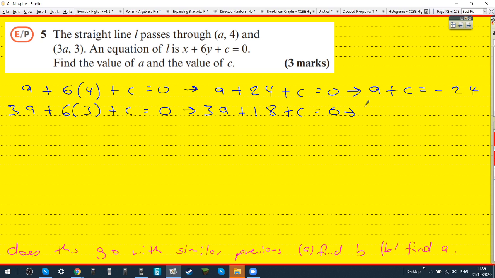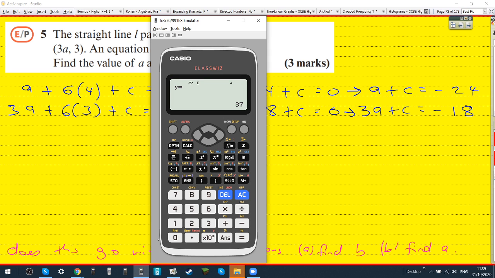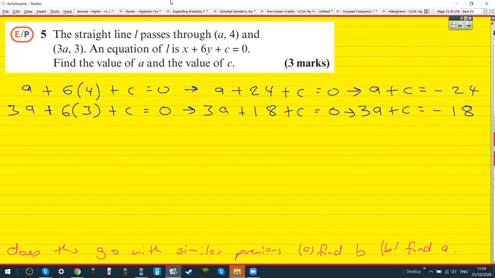So this other one would be 3a plus c equals minus 18. Mm-hmm. And then we just put that into the calculator? Yep. So it'd be 1x, 1y equals minus 24.